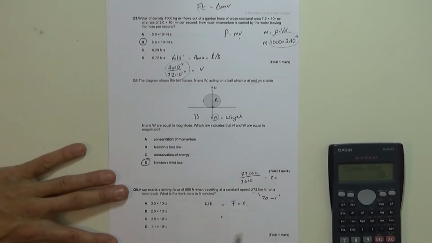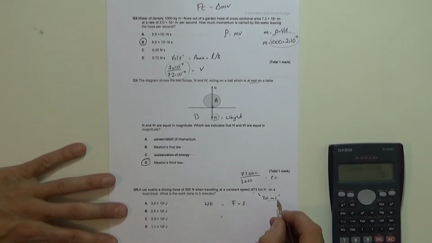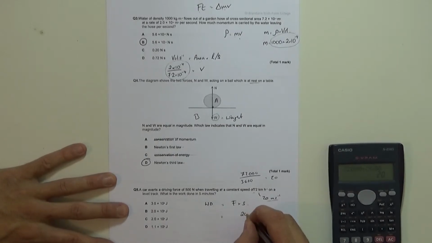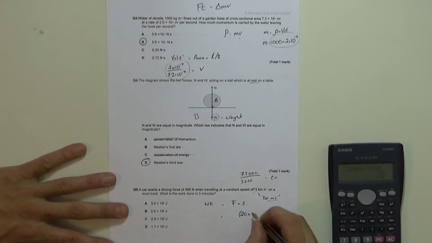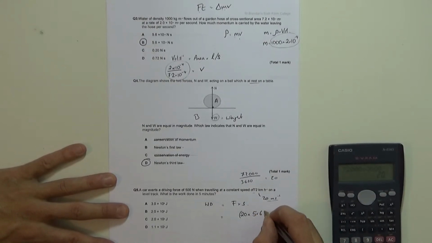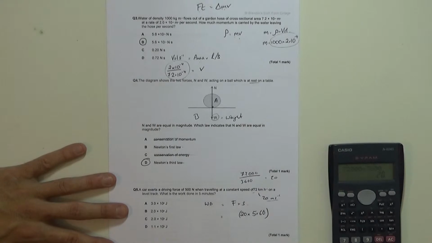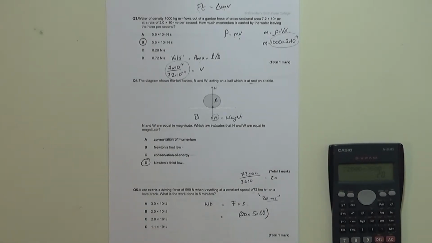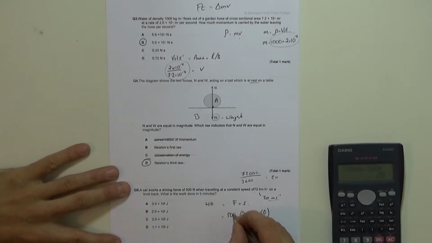Okay, so once you've got that, we have 20 meters per second, and we're doing it for 5 minutes. So it's 20 times how many seconds there are in 5 minutes? Well, it's 5 times 60, which is of course 300. 300 times 20 is 6,000. Is it? Yes, 6,000, 6 kilometers, times the force, which is 500.